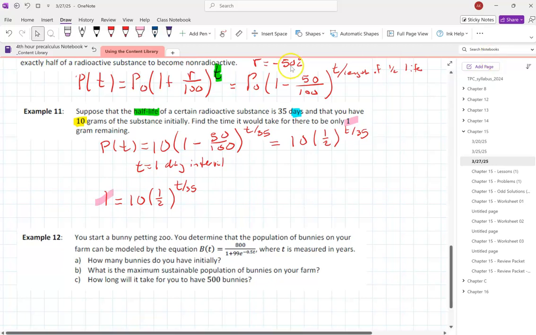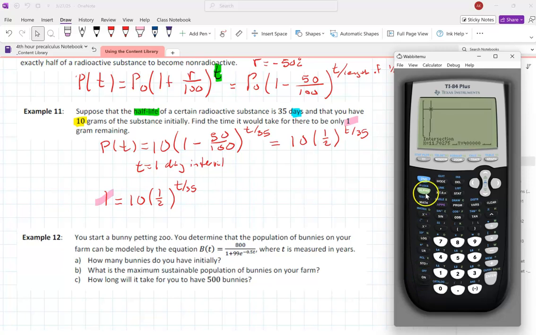So again, that's calculator time. Everybody good with how I got that into my calculator?